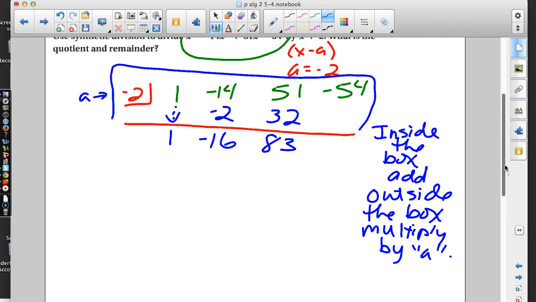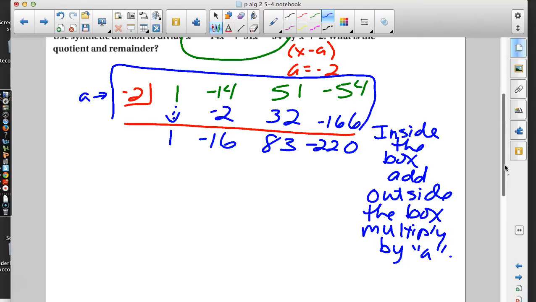So 83 times negative 2, negative 166. I'm inside the box. And I add. Obviously, it's going to be negative. Let's see what we have here. Negative 220.